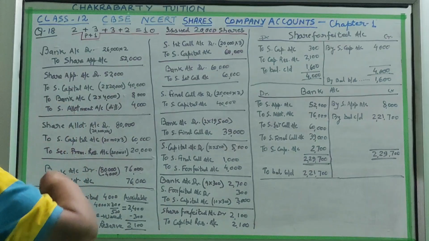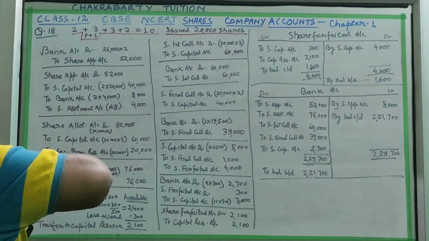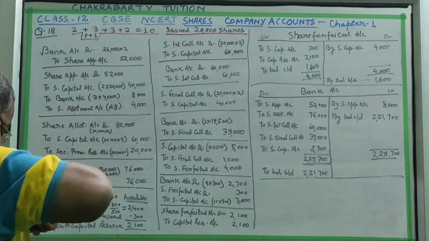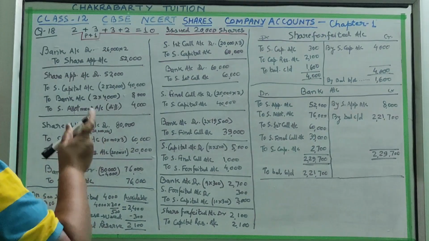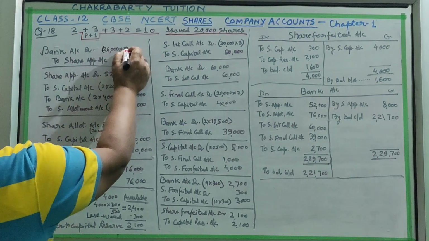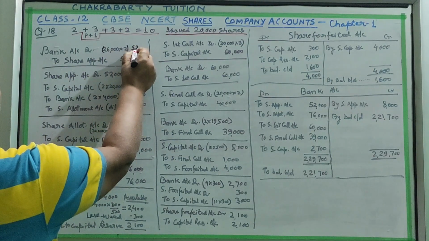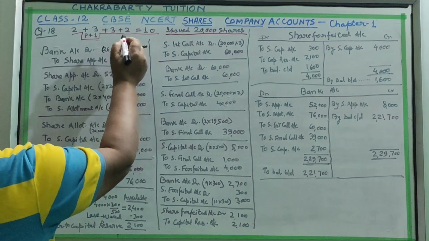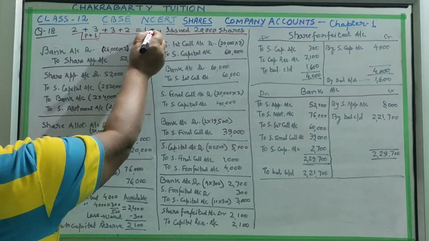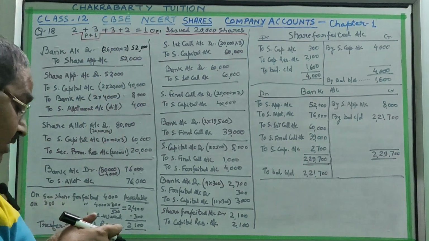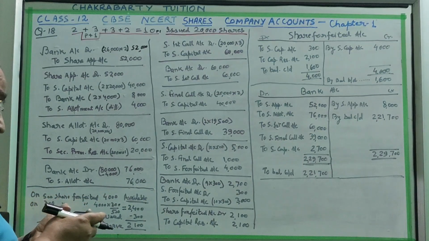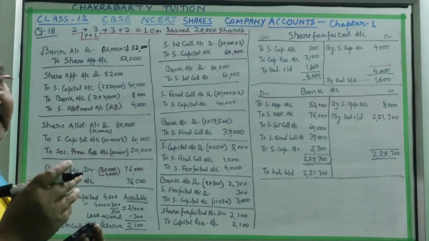Just the calculation I have shown here. You have to write the full amount. Suppose this is in bracket, so your amount is 52,000.